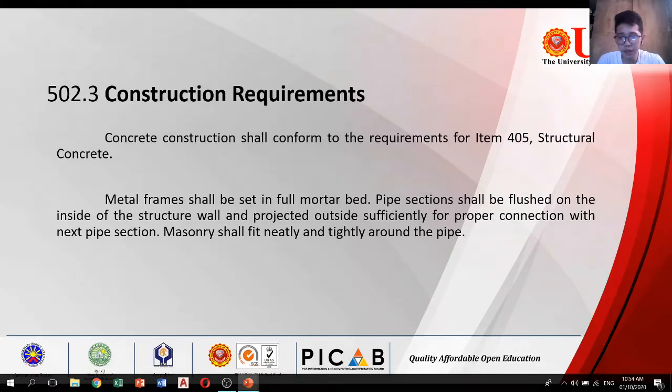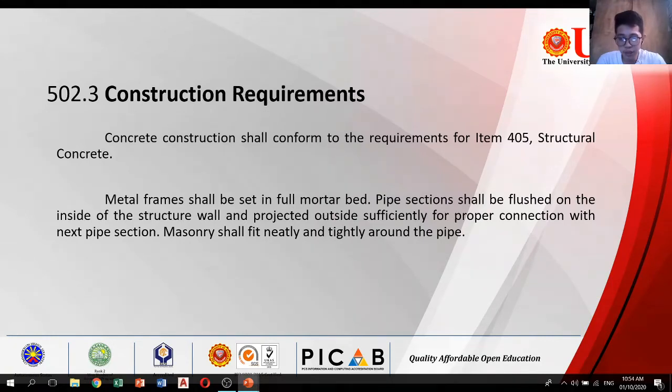Masonry shall fit neatly and tightly around the pipe. When grade adjustment of existing structures is specified, the frames, covers, and gratings shall be removed and the walls reconstructed as required. The cleaned frame shall be reset at the required elevation.